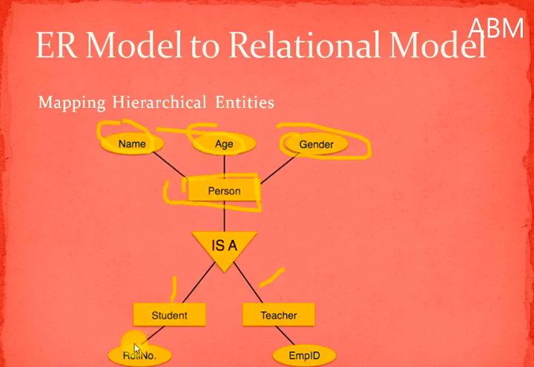So we add only the roll number to the student, and the student also has the name, the age, and the gender, because all the attributes of the person have been inherited. The same goes for the teacher, which has its own employee ID, and the name, age, and gender are inherited from the specialized entity, which is a person.